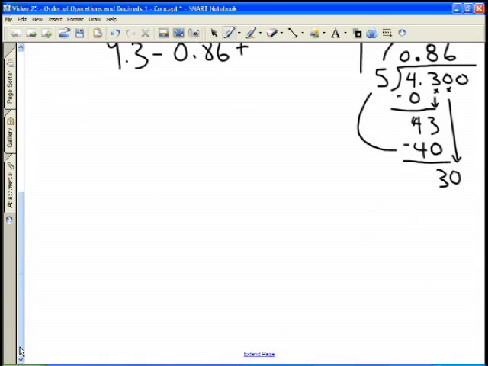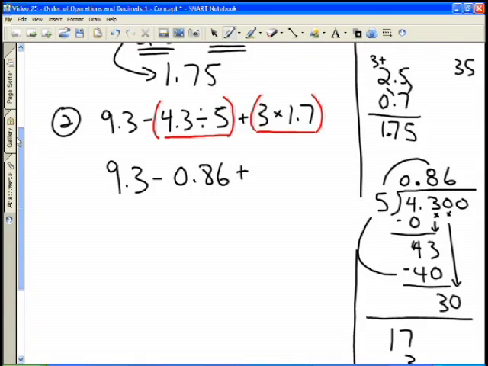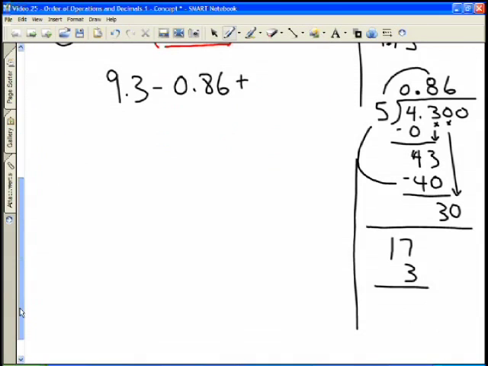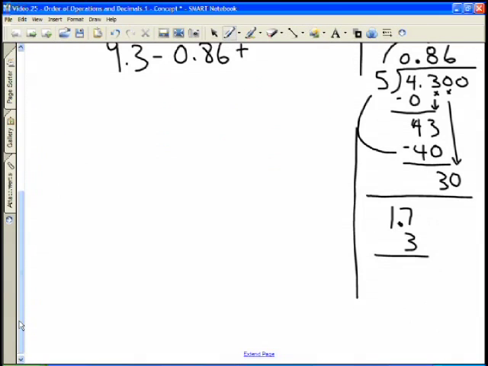So again, I'm going to do that on the side here. 3 times 1.7. And when I did this multiplication, I left my decimals in there. It doesn't matter whether you leave them in or not. Perhaps it's easier to count them in the end if you leave them in. Traditionally, I don't. I just get it in my head how many decimal places will be in the answer in the end.